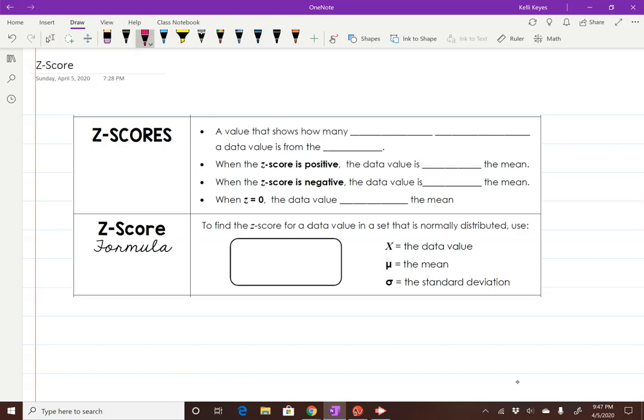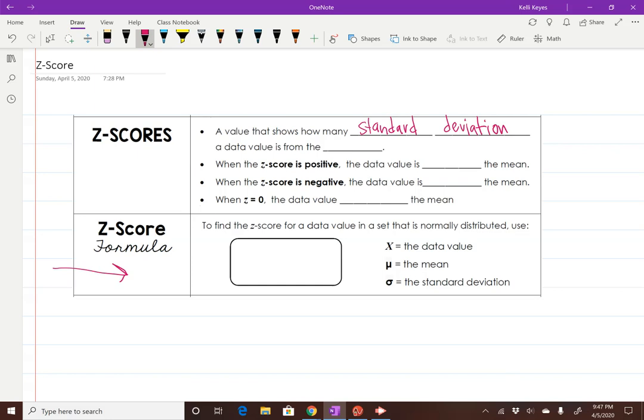So all you have to do is fill in these blanks, but I would write down all of this, but for sure write down the formula. So I guess it's up to you what you want to write down. But what is a Z-score? A Z-score is a value that shows how many standard deviations, which we know measures how spread out numbers are, right?